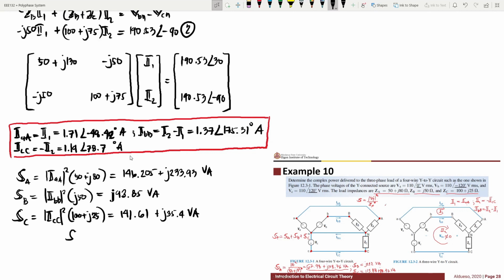The total complex power of the unbalanced three-phase load is equivalent to 287.815 plus j363.18 VA.